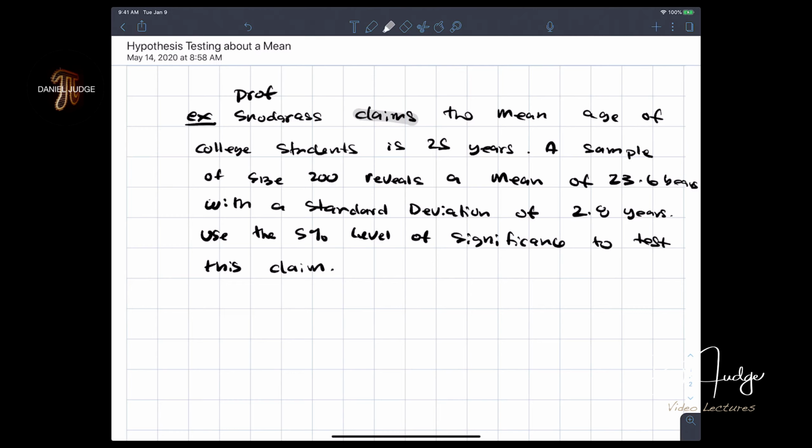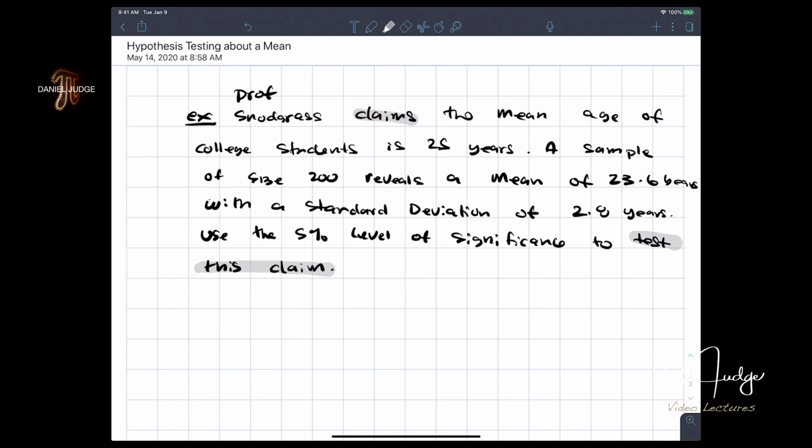Then they say, use the 5% level of significance to test this claim. That means this is a hypothesis testing question. If it were estimation, they would say things like estimate.